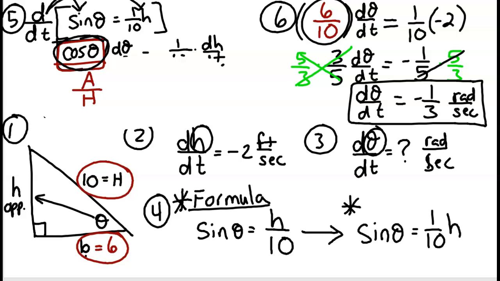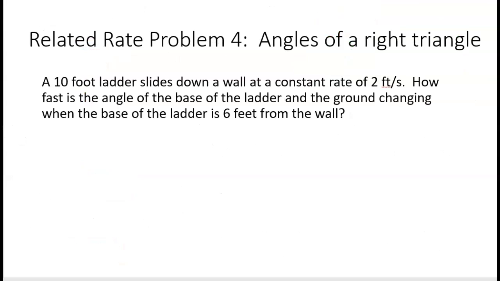So quite a few interesting little things to remember, but those are the top 3: formula, rewrite, trig ratios. All right, so I'm going to go ahead and change the slide and let you guys try one.